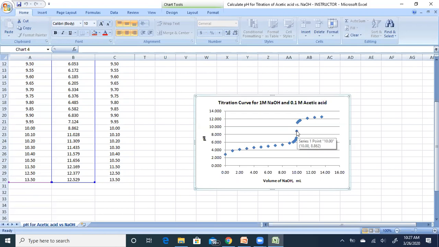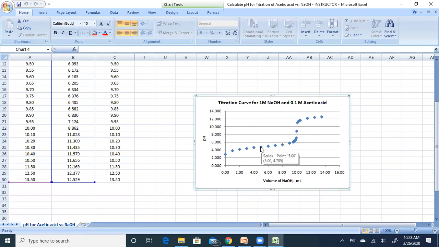You move your cursor here, and you see the equivalence point is 10. So then for the pKa, you first go to the half equivalence point. If 10 is the equivalence point, half will be 5. So you go to 5, I think it will be this point. Once you get this point, you see it's 5, then 4.785.